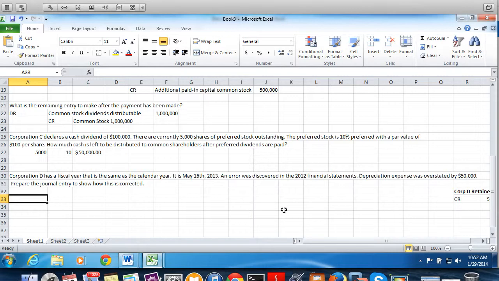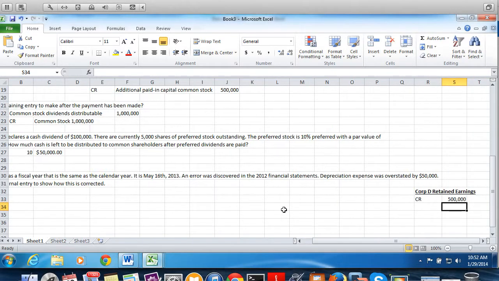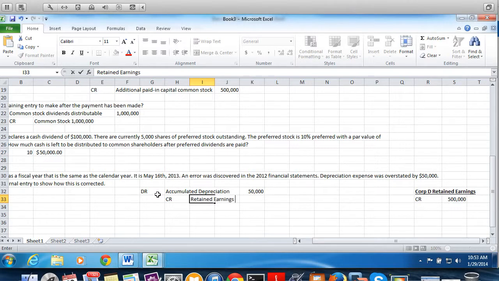So if we look over here, we're going to say as of January 1, retained earnings had a balance of $500,000. What I'm going to do here is debit accumulated depreciation for $50,000, and credit retained earnings for $50,000.